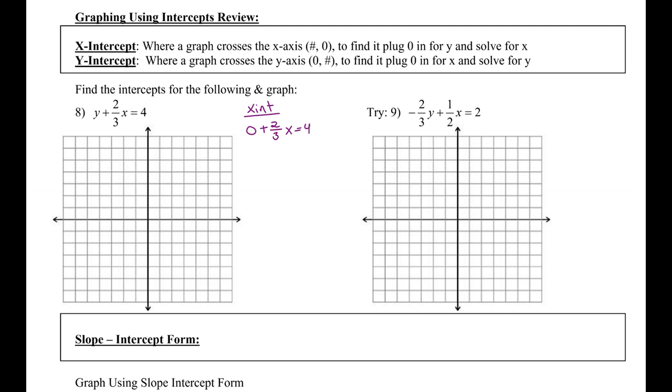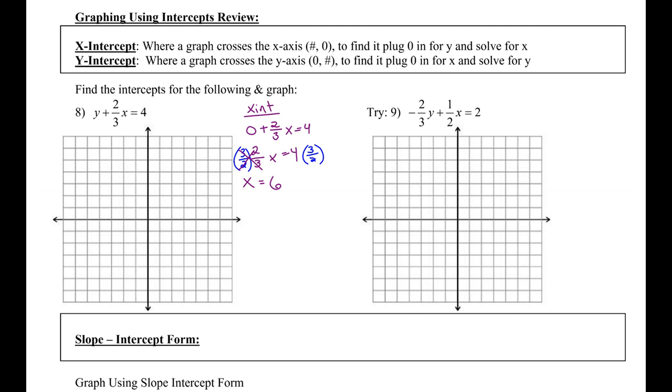0 plus 2/3 x leaves me with just 2/3 x. And I remember that if I want to get rid of a fraction, I'm going to multiply by the opposite reciprocal. Which means that I'm left with just x on the left side and 6 on the right.